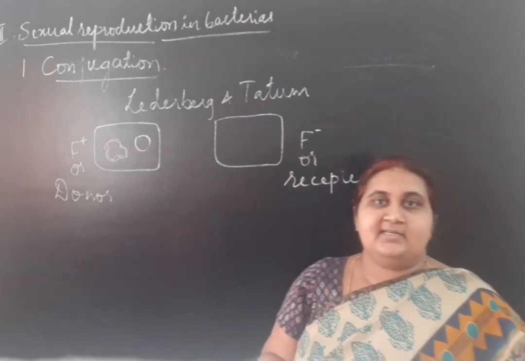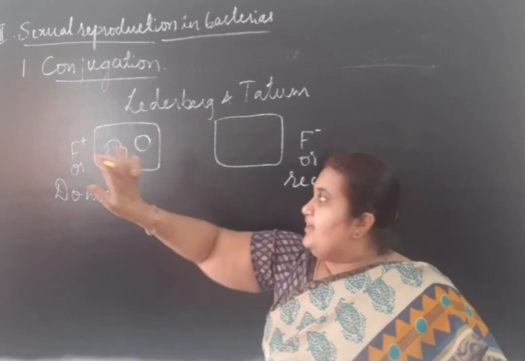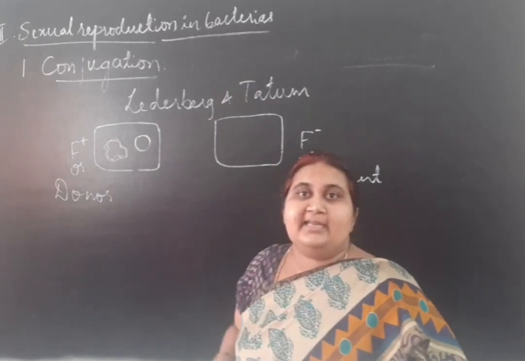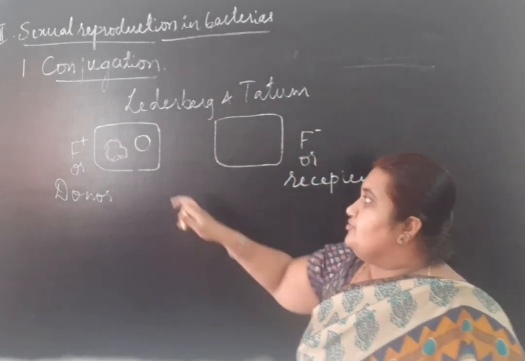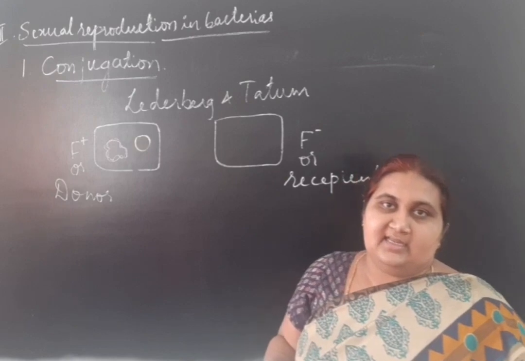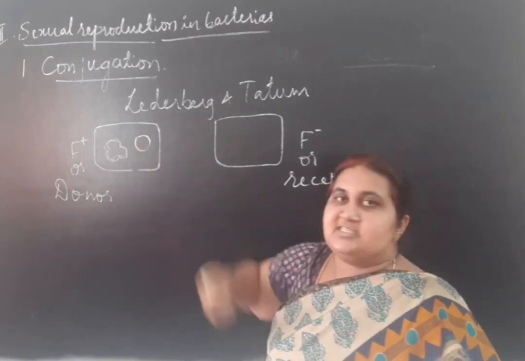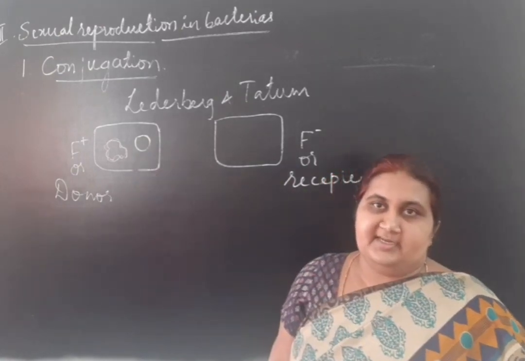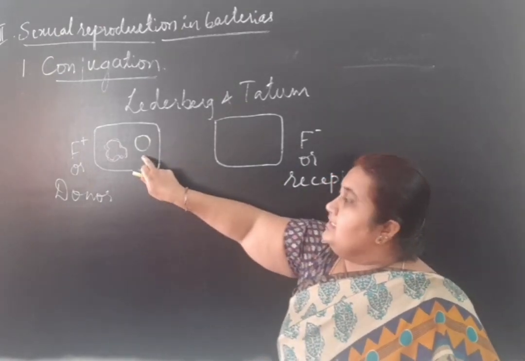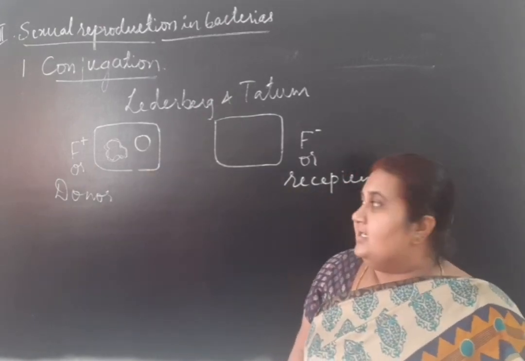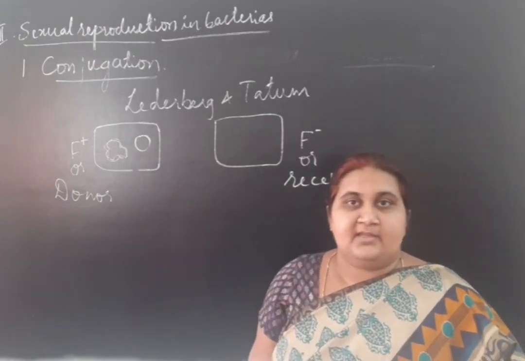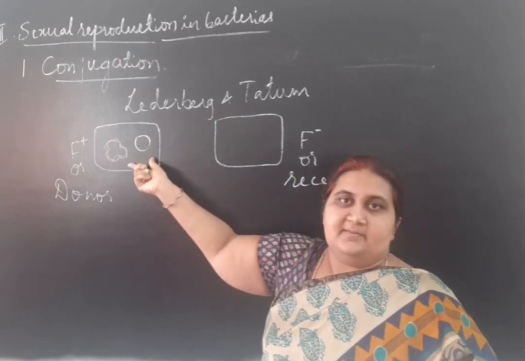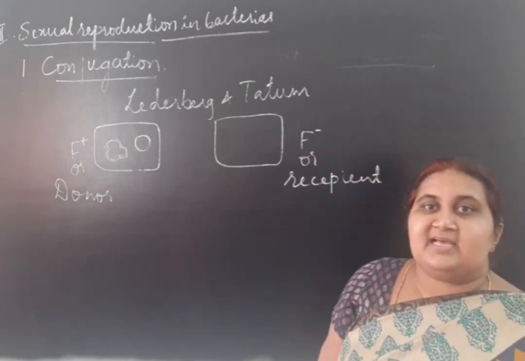What is a plasmid? In the last class I explained, apart from the genetic material, there is an extra chromosomal DNA in the cytoplasm. That extra DNA found in the cytoplasm is called the plasmid. This plasmid has a gene for fertility, the F plus gene.